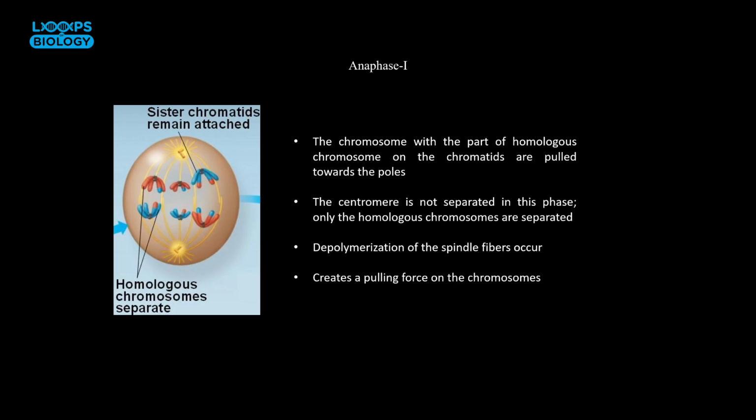But will that separate the centromere? No. Why? Because in case of mitosis, there was a single centromere present. But if I am talking about meiosis 1, there are 2 centromeres and 4 sister chromatids.